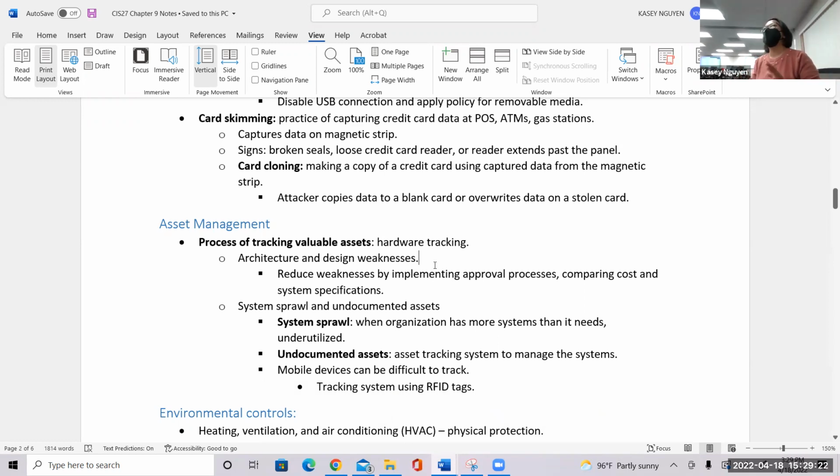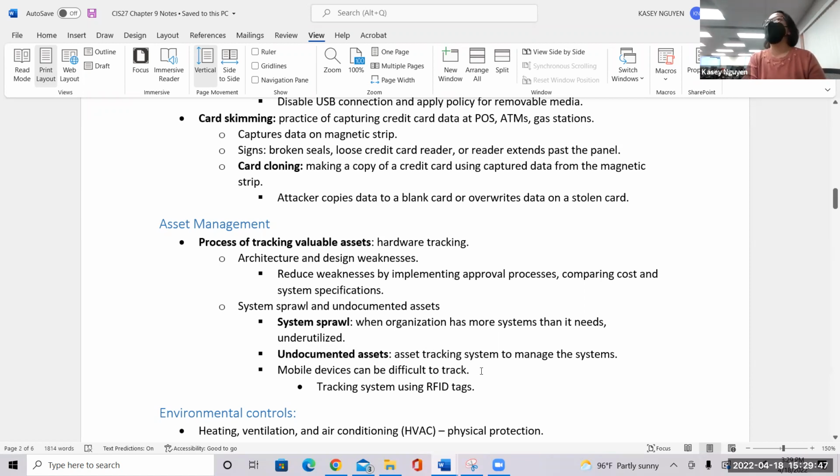Okay, so let's talk about asset management. I think last week we touched a little on this, but asset management really allows us to assess and track our hardware, like our computers, our servers, and so on. The issue is most companies run into undocumented assets. That means they're not documenting all their purchases, or somehow paperwork fell through and we're not able to track it.